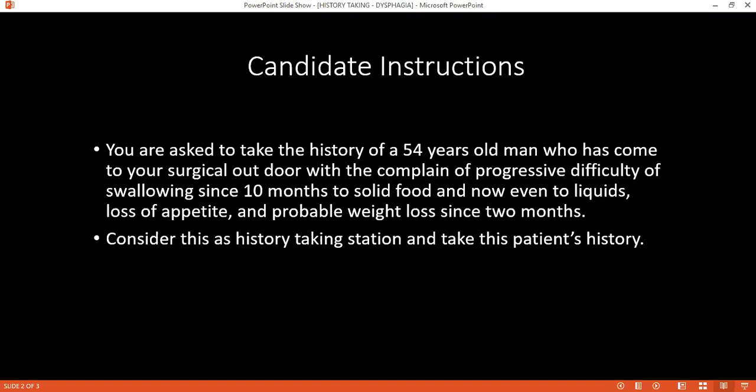Do you have any neurological problem, any brain problem, any chest problem? No. Do you have any pain anywhere else in the abdomen? Heartburn? No, doctor, there is no pain.